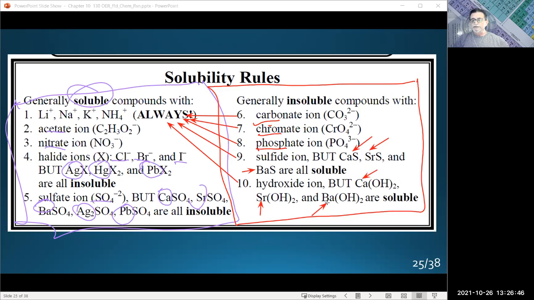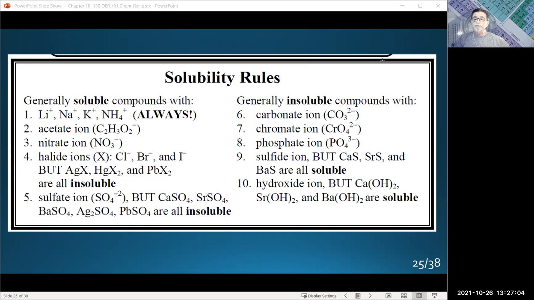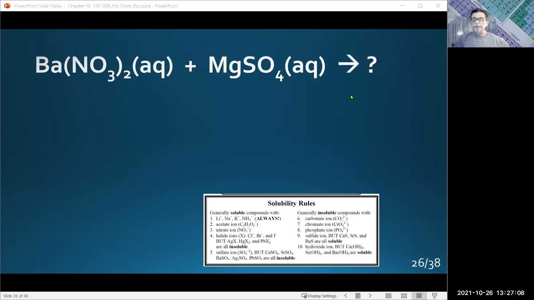So again, only 7 examples of soluble hydroxide compounds, and everybody else is insoluble. So refresh your memory on the solubility rules and how to interpret them.